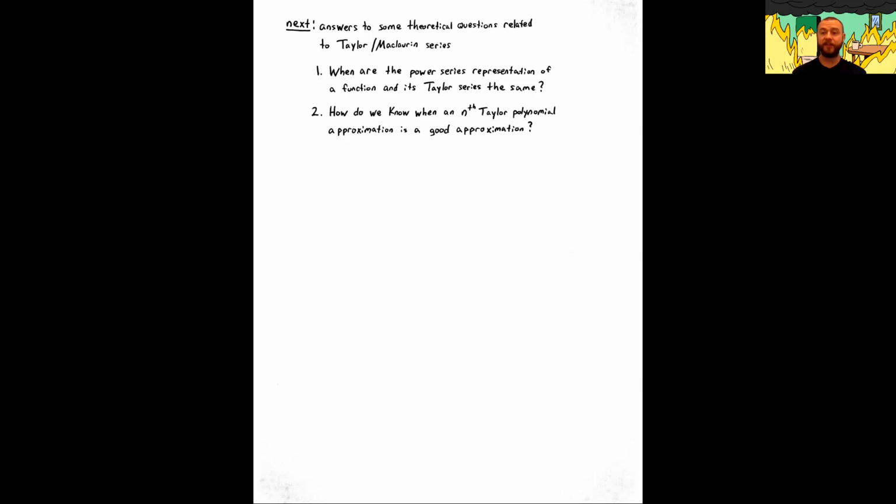But how would we think of this in general? So how do we know when our nth Taylor approximation is a good approximation? We'll have a theorem or two that says something about that. That would also be relevant in applied mathematics, where you apply certain other approximation techniques. You would want to know if your approximation is good enough.